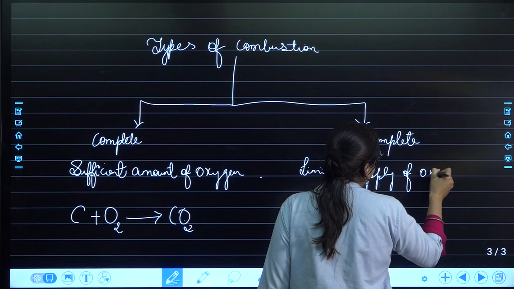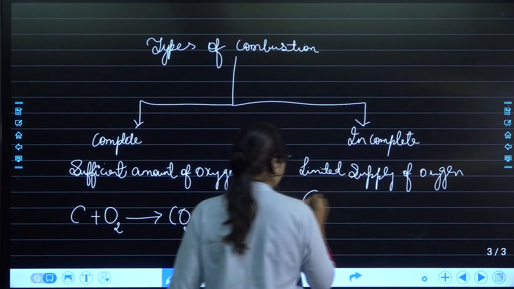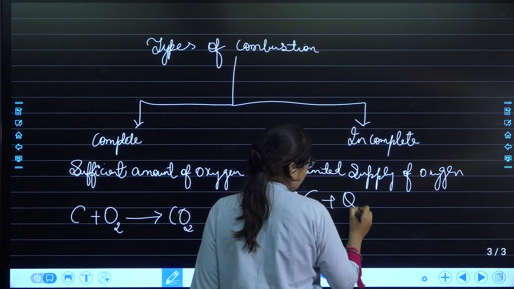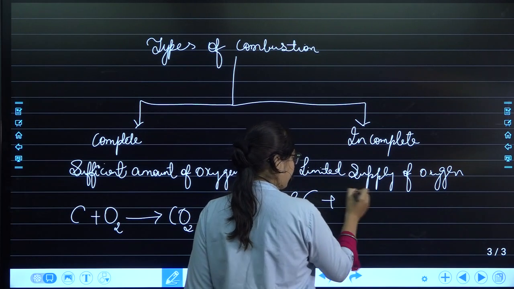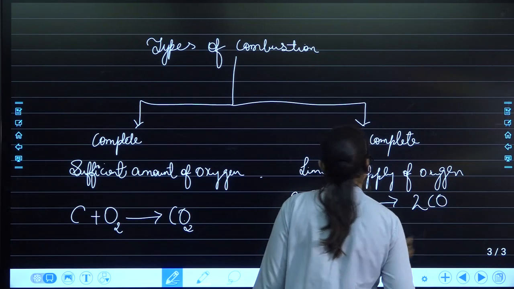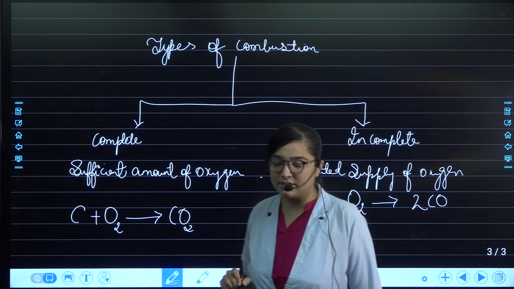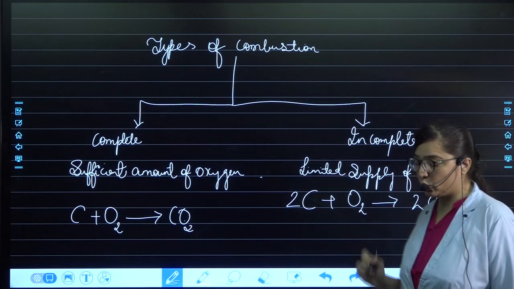With limited oxygen, carbon reacts with oxygen and forms carbon monoxide. Here the output is one of the dangerous gases, and this is how you have studied the basic two types of combustion.